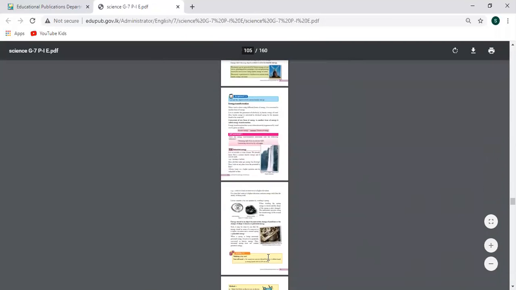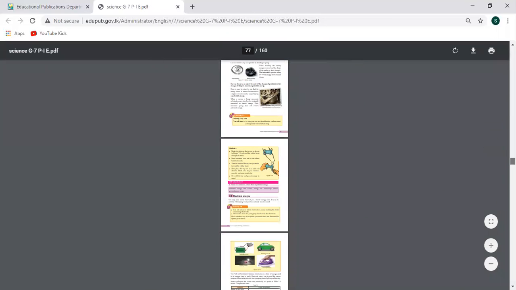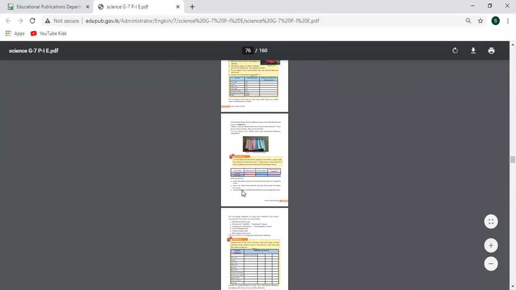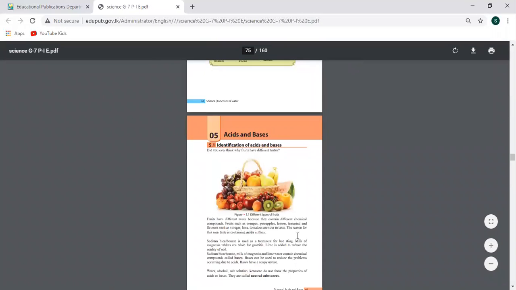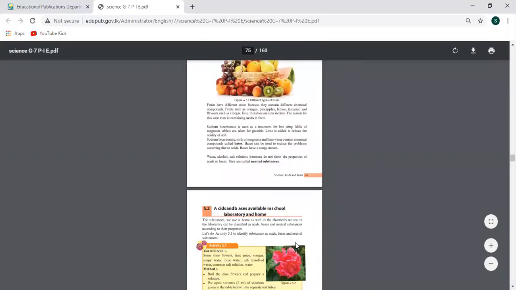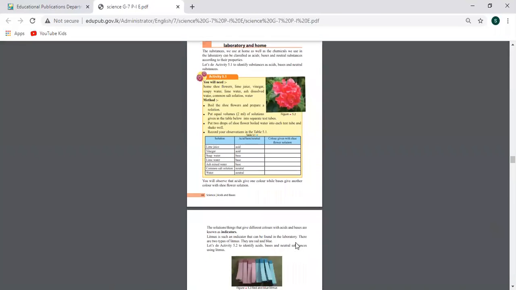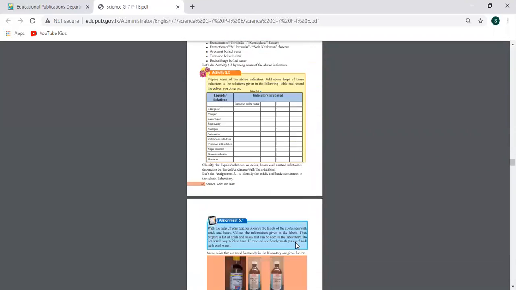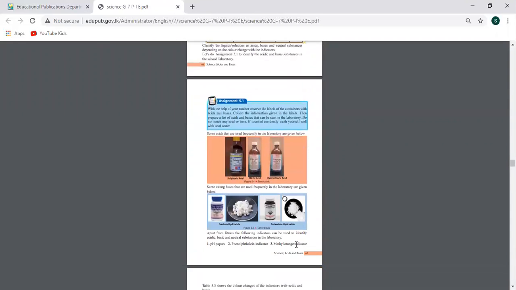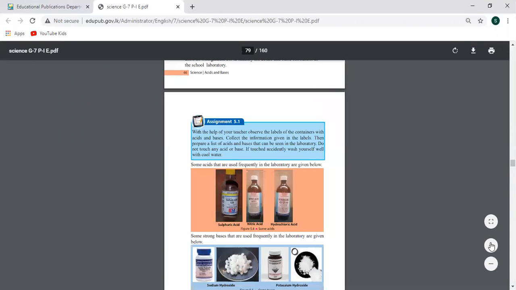And next is the acids and bases lesson. So this is also very simple, but we should study the colors of acids and bases. Before we go to the colors, we will talk about these indicators.